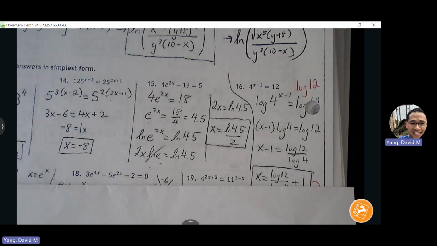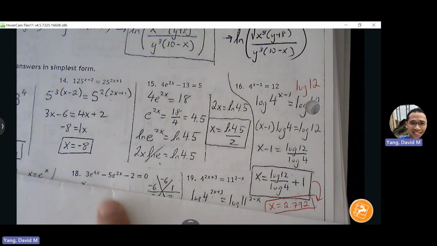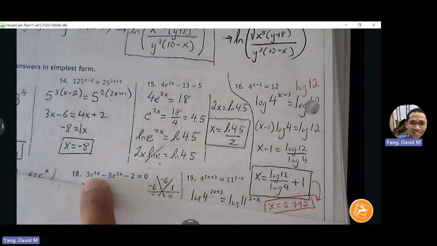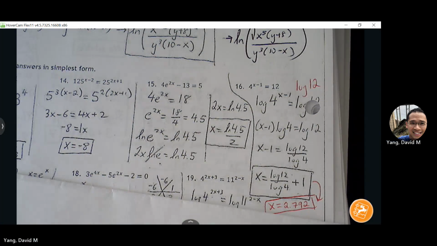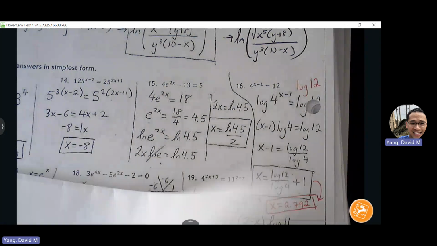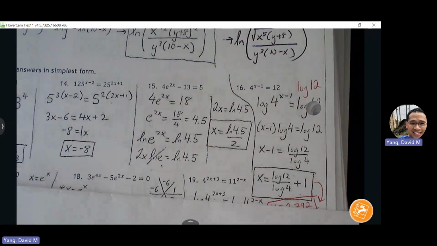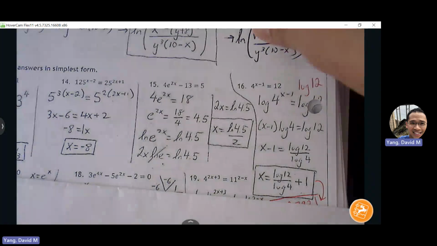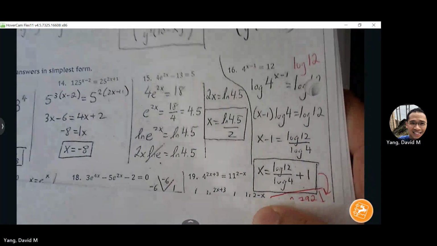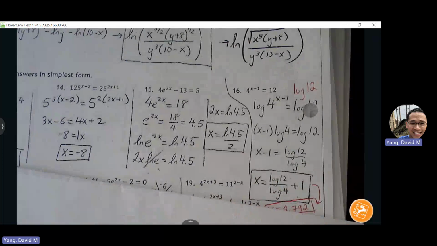Let's look at 18. Look at the setup here. Can you tell what type of problem this is going to be? Factoring, yeah. But this one feels a little bit strange because the degree is a little high. So we can let y equal e to the 2x, or y equals e to the x.